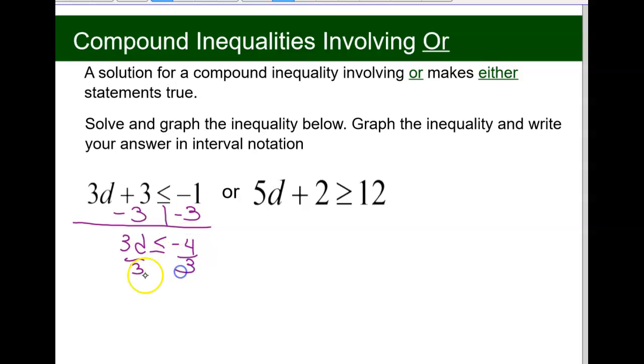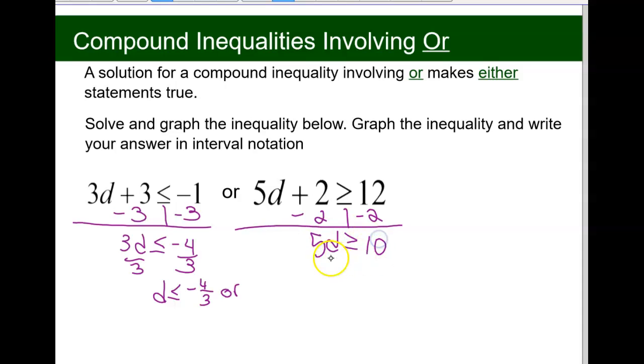Divide both sides by 3. d is less than or equal to negative 4/3. Or, and now how do I solve the second part of this? I'm going to subtract 2. 5d is greater than or equal to 10. Isolate d by dividing both sides by 5. d is greater than or equal to 2.